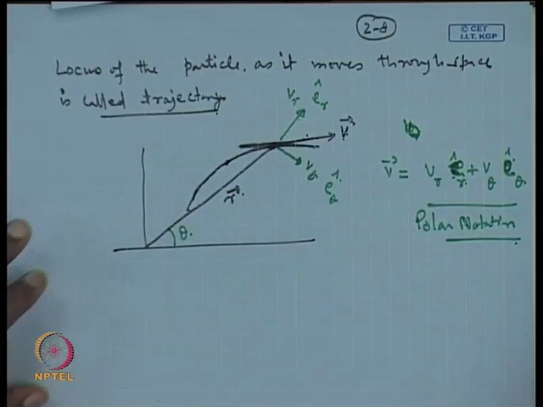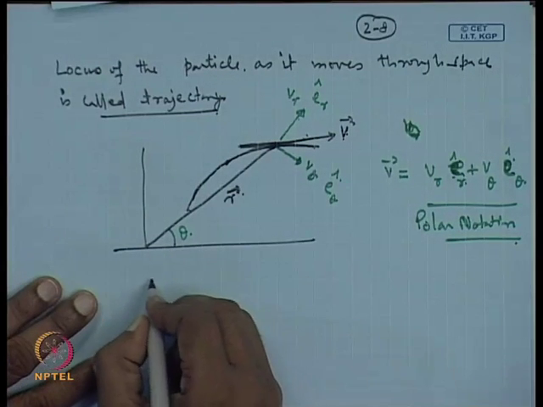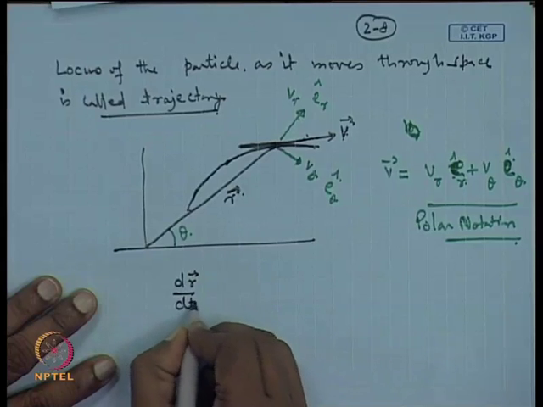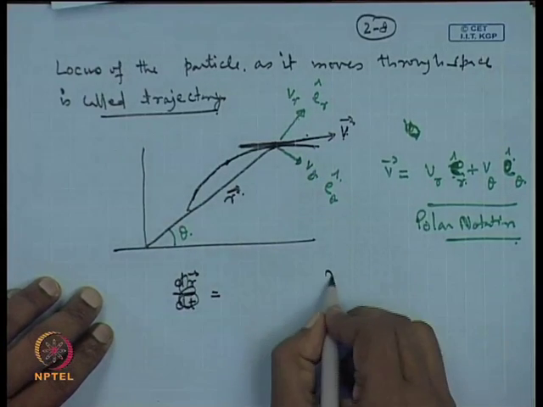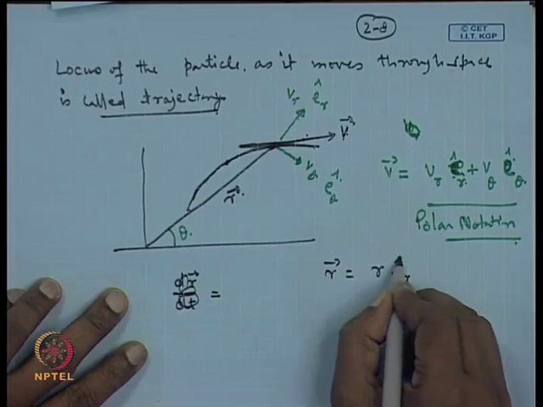And it is easy to work out. If I write dr by dt, say we start with r equal to r times E r cap.